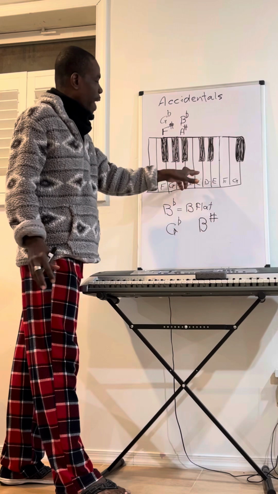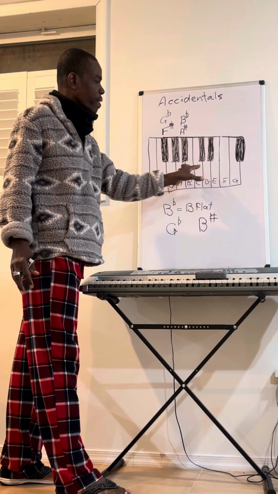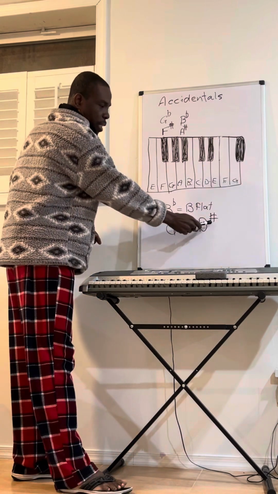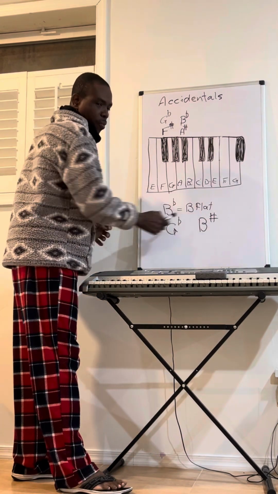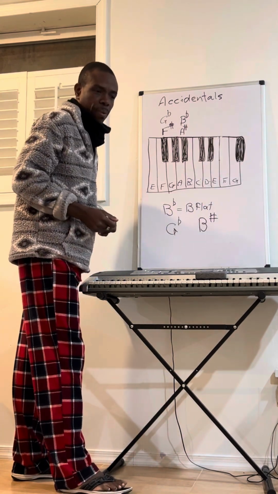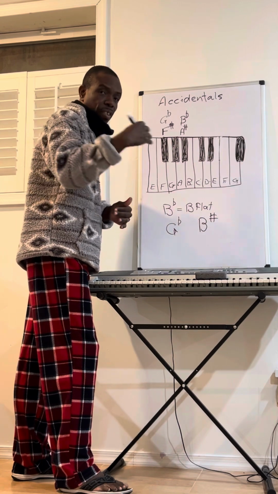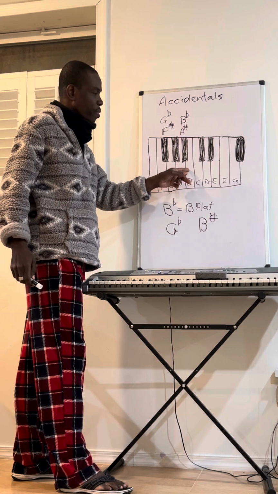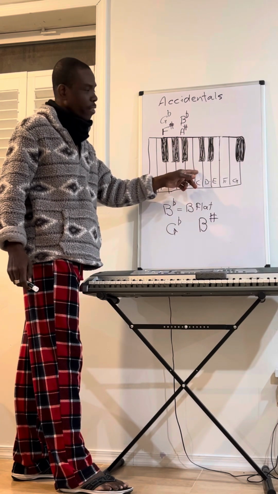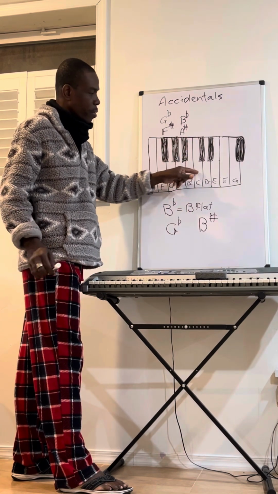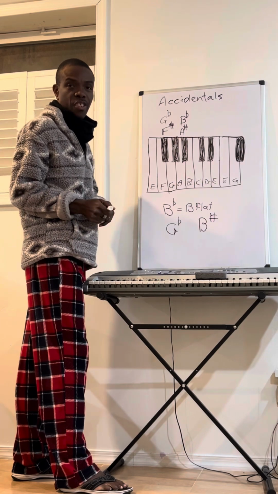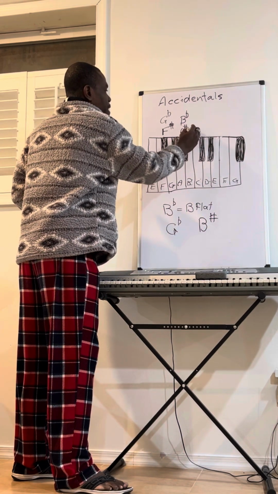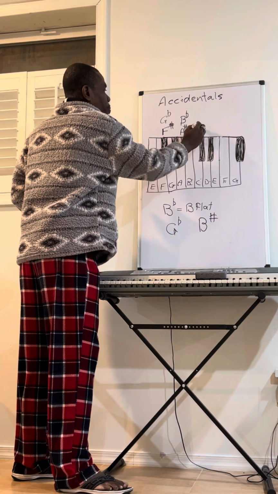We said there's no black key between B and C, and E and F. Those are natural semitones. But if we follow the guideline that the sharp takes you to the very next key, we find B, and the very next key happens to be here, because there's no black key. So C is also B sharp. Yes, C is also B sharp.